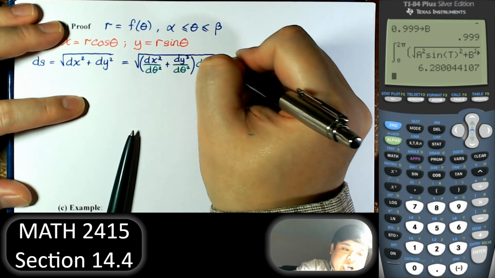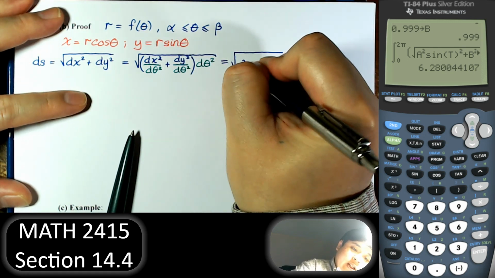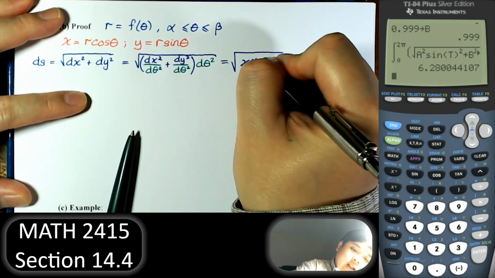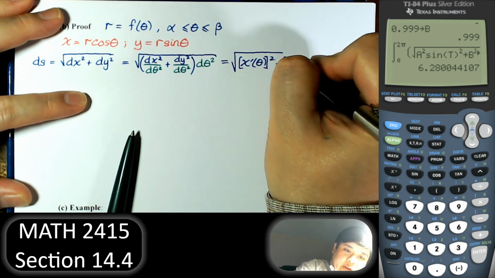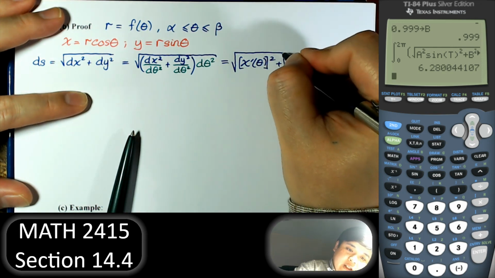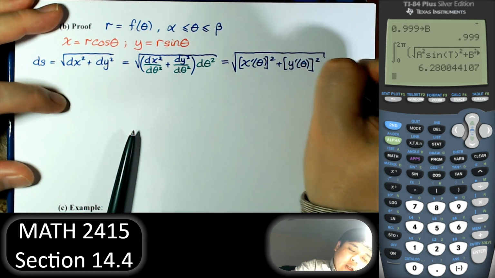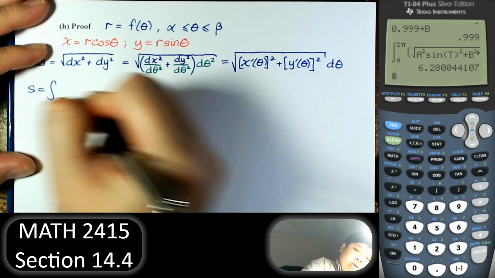Inside the square root, take it outside, we have the derivative of x with respect to theta squared, plus the derivative of y with respect to theta squared, d theta. Integrate both sides, so I have s equal to the integral of this.